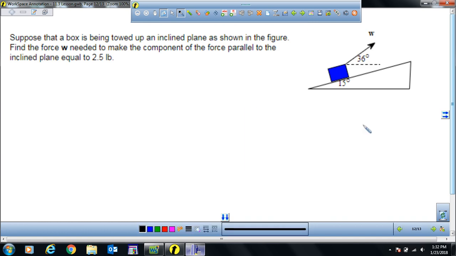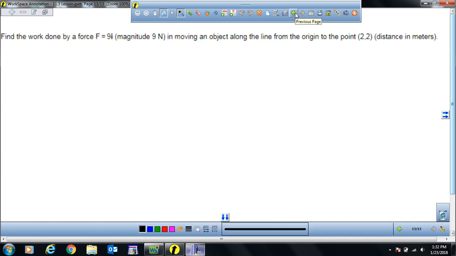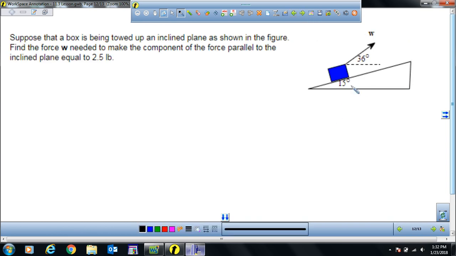Next, we have two more things to do. So first of all, let's answer this question. Suppose that a box is being towed up an inclined plane as shown in the figure. Find the force W needed to make the component of the force parallel to the inclined plane equal to 2.5 pounds.